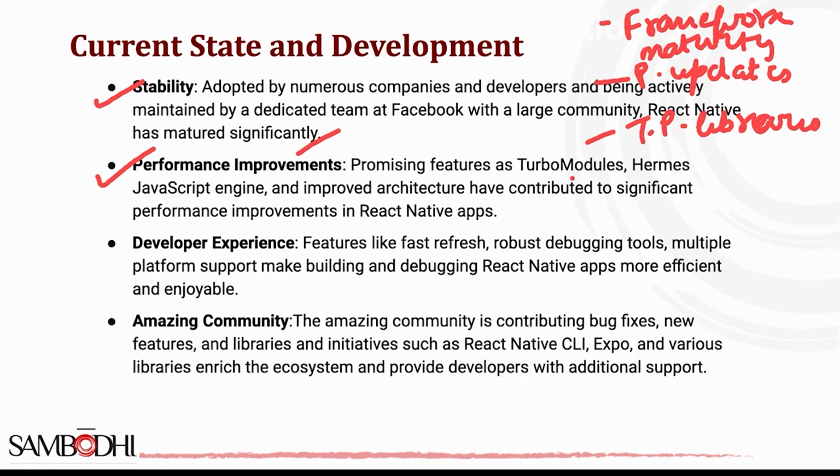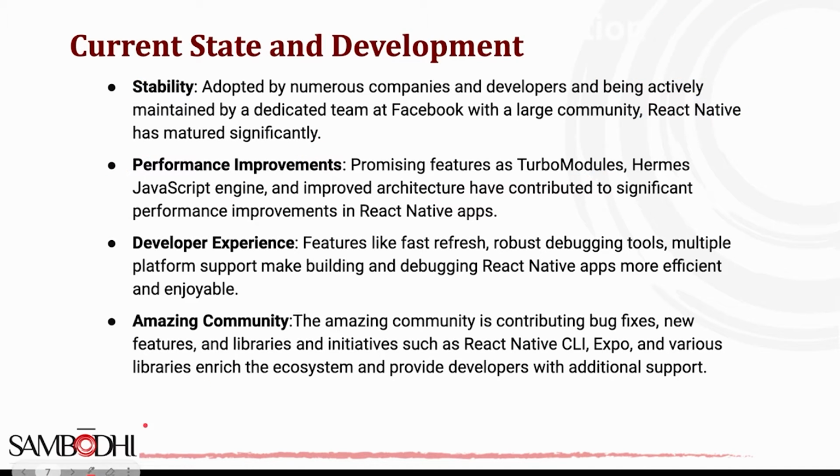There we have already talked about the turbo modules, then the JavaScript engine, then the improved architecture that we talked about. These turbo modules are the same ones that we talked about when we were discussing the new architecture, that there is the native side, and then there is the JS or React Native side.